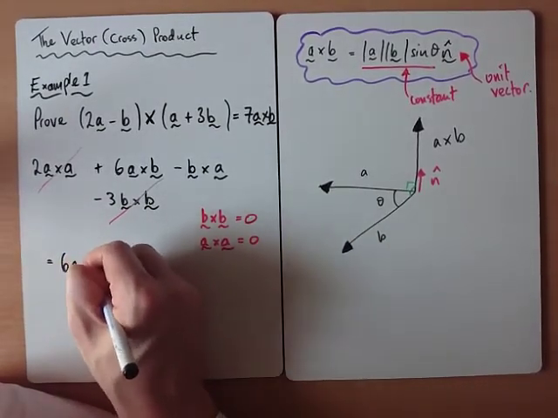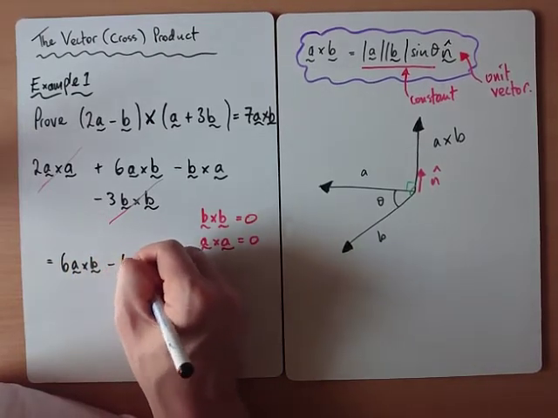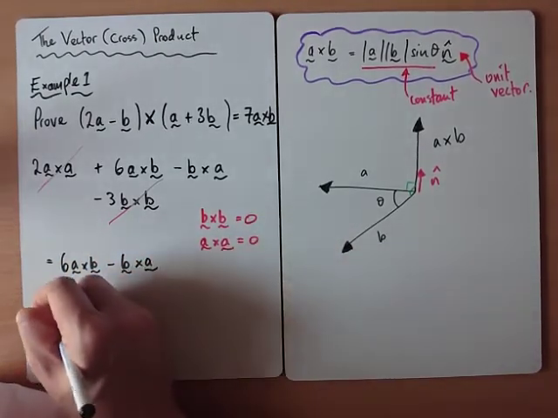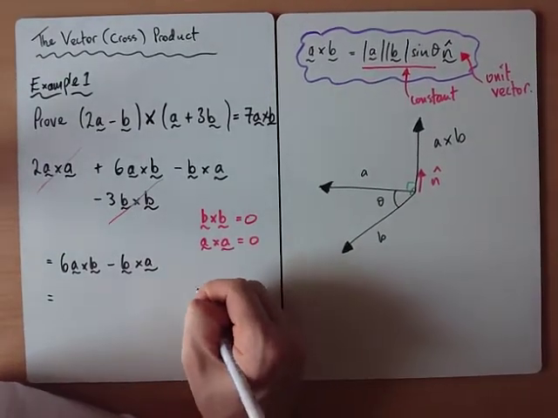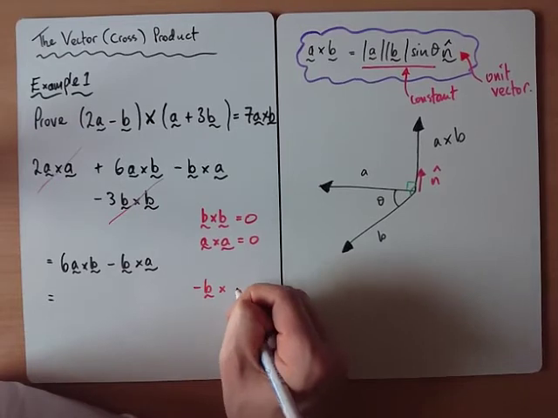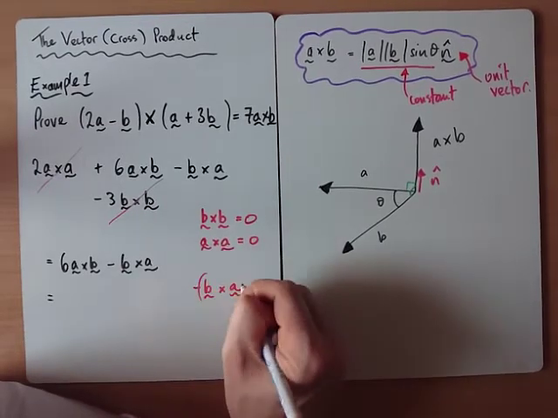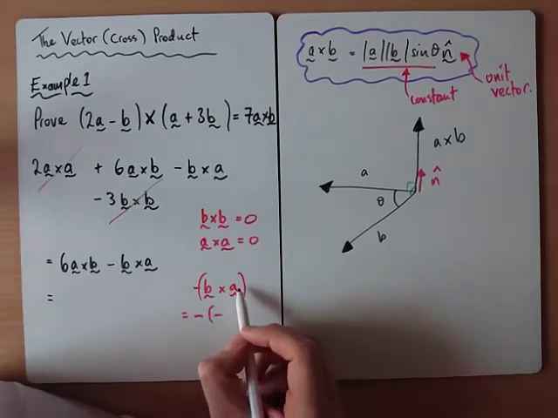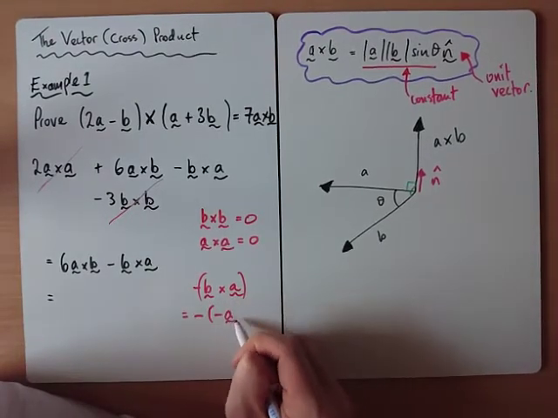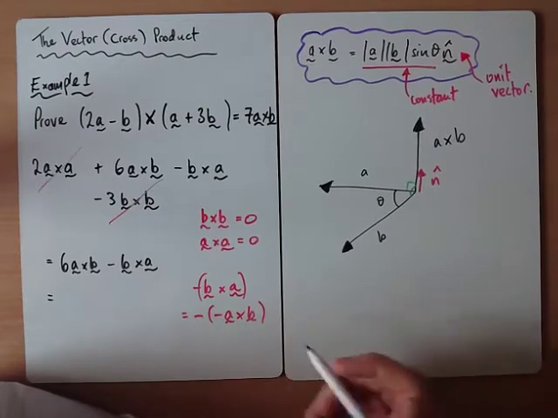So we've got 6A cross B minus B cross A. And we're aiming to end up with 7 lots of A cross B. So minus B cross A, we know is minus A cross B. Remember what I was saying earlier?